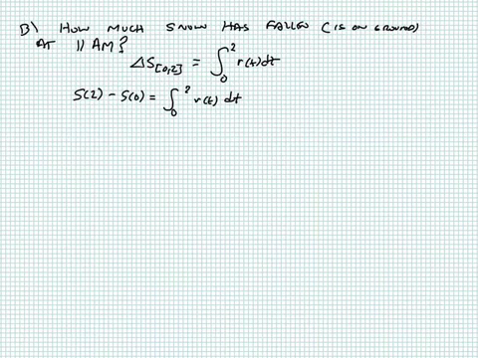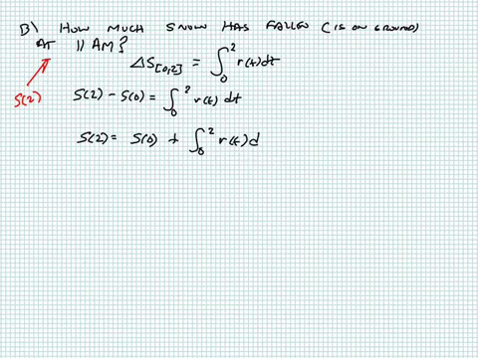And what I'm really trying to find here is the amount of snow that's on the ground at 11 a.m., which is going to be my S of 2. So that's going to be the snowfall at time equals 2, which is my 11 a.m. So I'm going to solve this equation I just wrote for S of 2. So S of 2 is equal to S of 0 plus the integral from 0 to 2 of R of t dt.